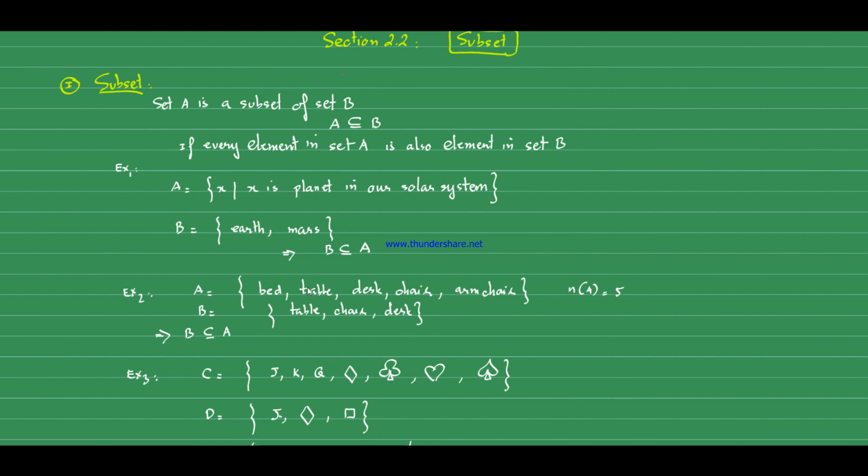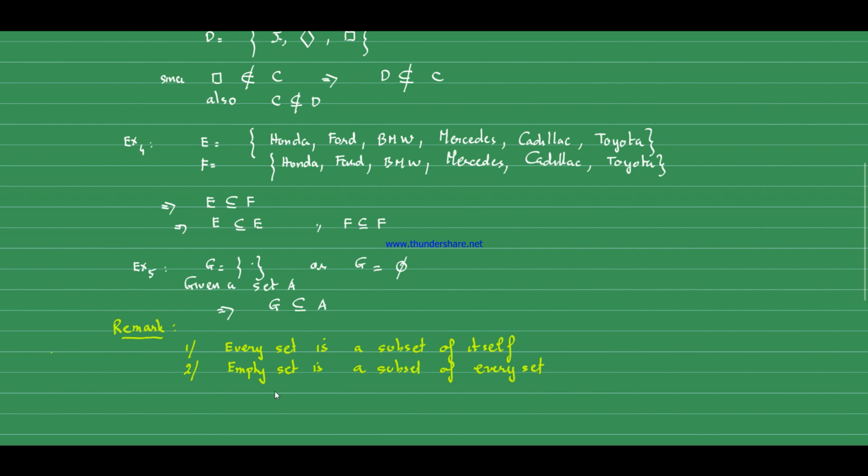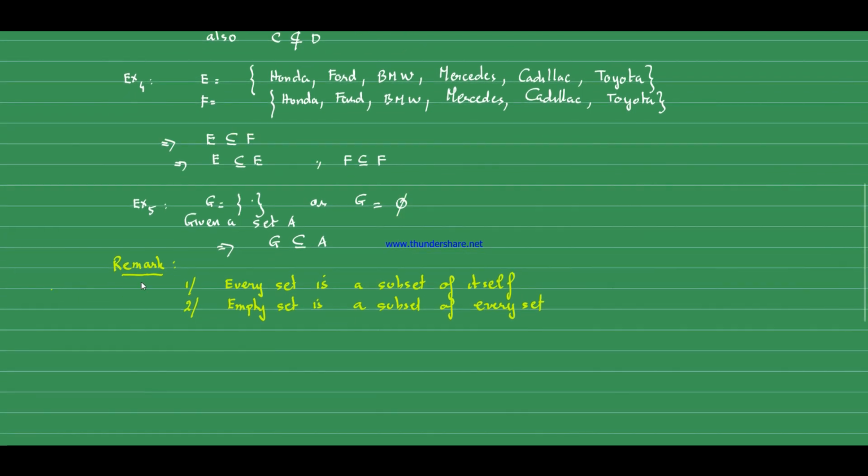Now, if we exclude the case where set A and set B are equal to each other, because in the remark I said that every set is a subset of itself, it means that set A can be a subset of set A, because all elements of A are also elements of set A. If we exclude that part, then we have another type of set we call the proper subset.